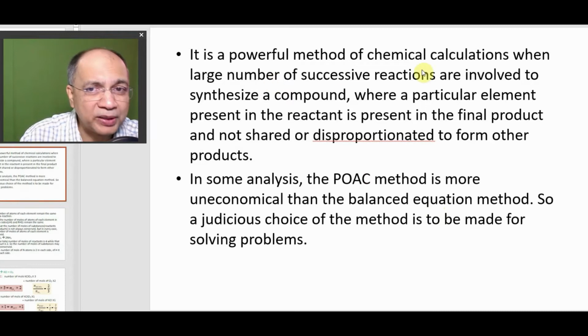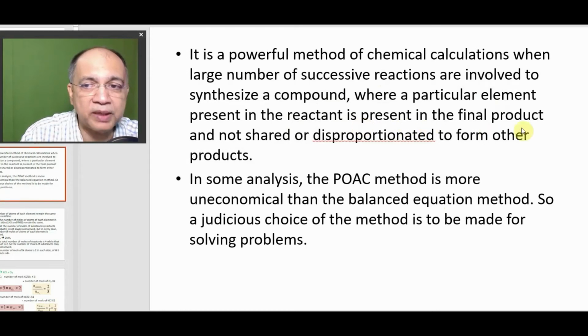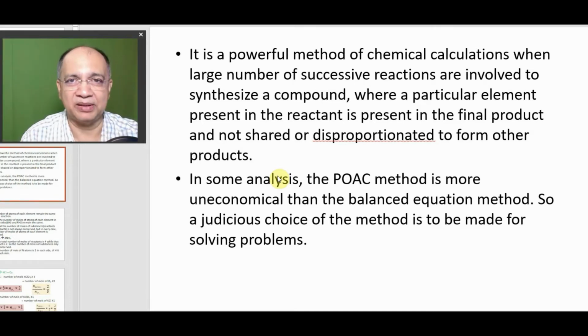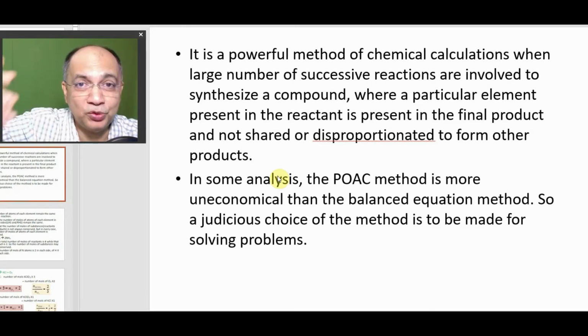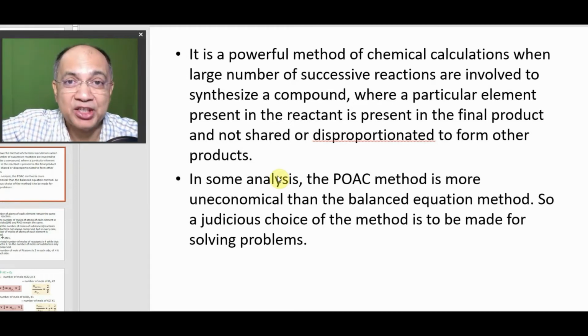It is a powerful method of chemical calculations when a large number of successive reactions are involved to synthesize a compound where a particular element present in the reactant, that means the starting material, is also present in the final product, and is not shared or disproportionated to form other products. In such case, it is the best method because you are bypassing the intermediate steps.